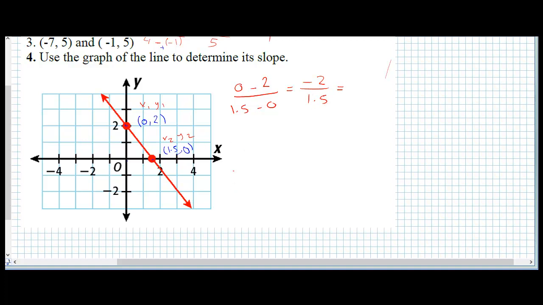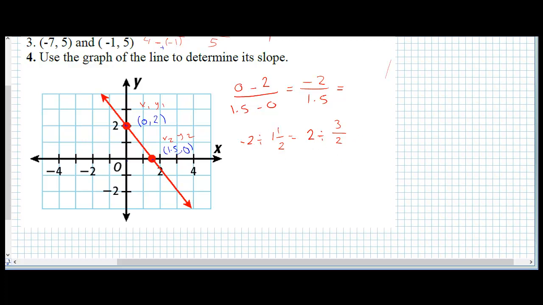I will show you how to solve it: write 1.5 as a fraction, which is 3 over 2.